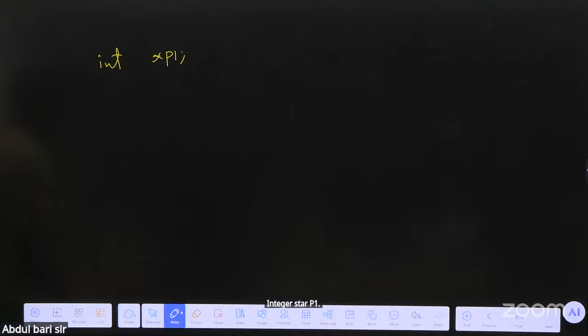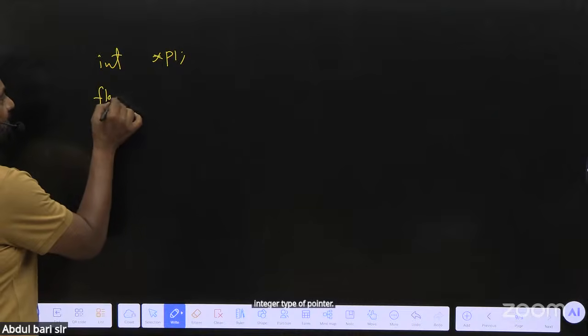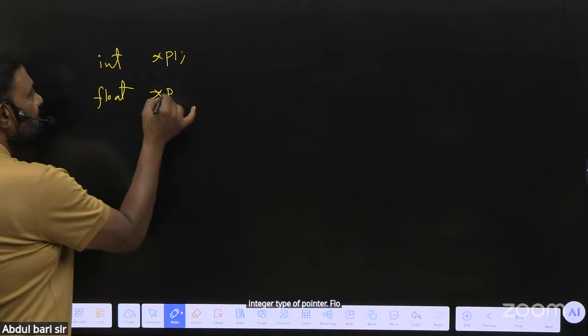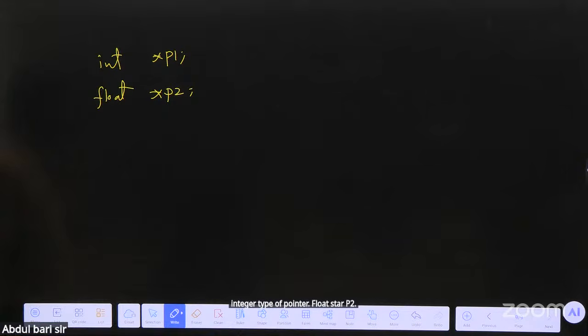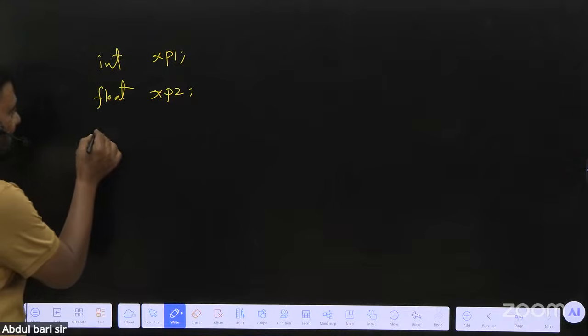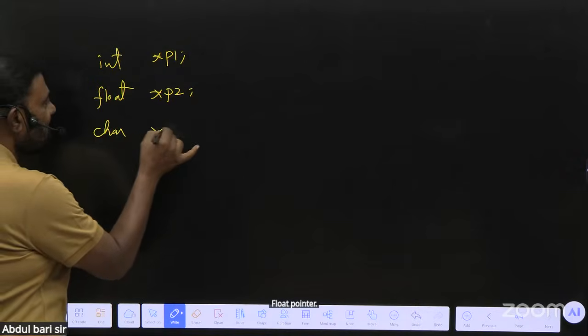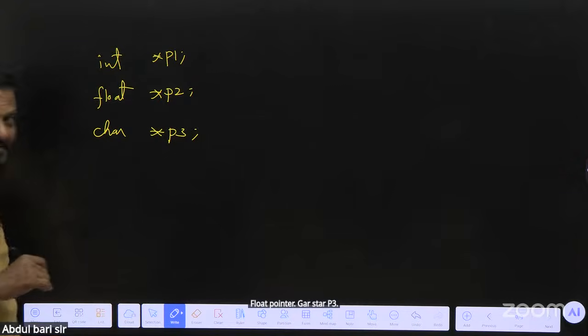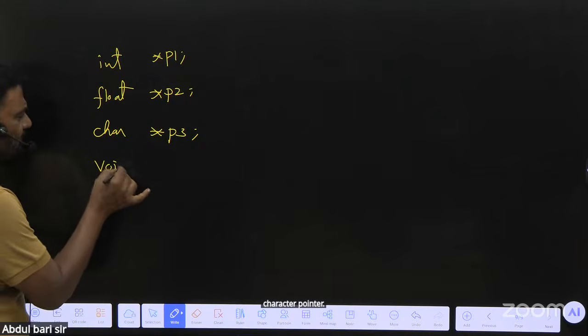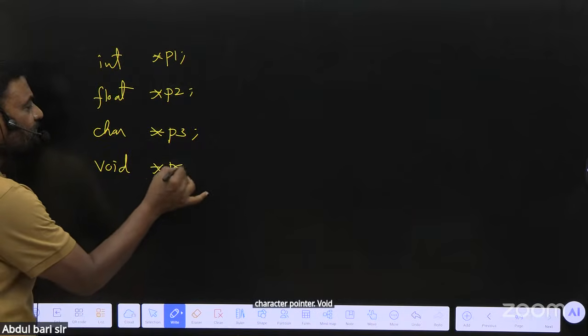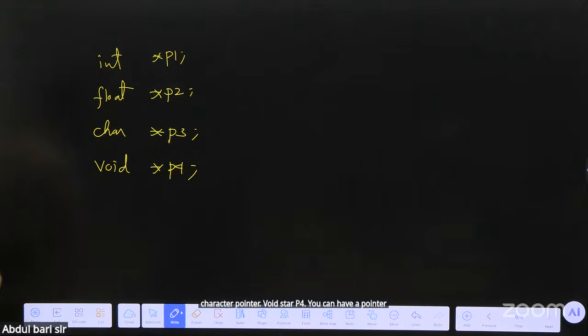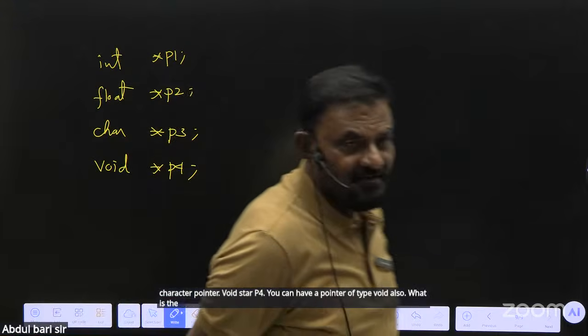Which type of pointer? Integer type of pointer. Float star P2. Float pointer. Char star P3. Character pointer. Void star P4. You can have a pointer of type void also. What is the use? We'll see later.